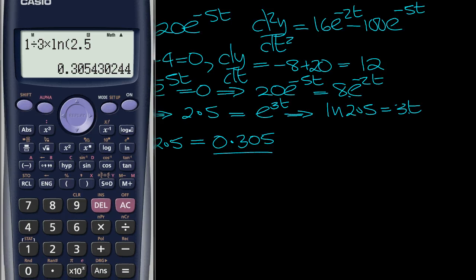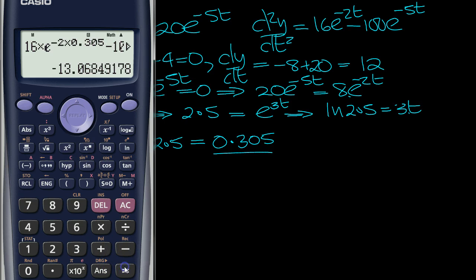So it's 16 times e to the minus 2 times 0.305, minus 100 times e to the minus 5 times 0.305.